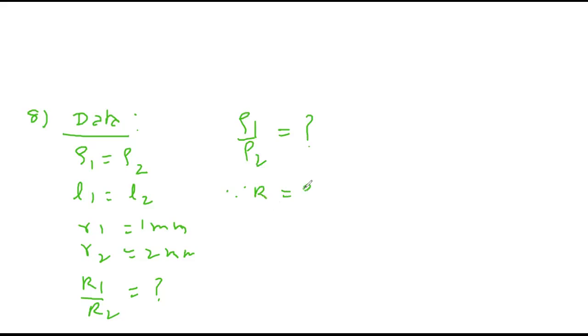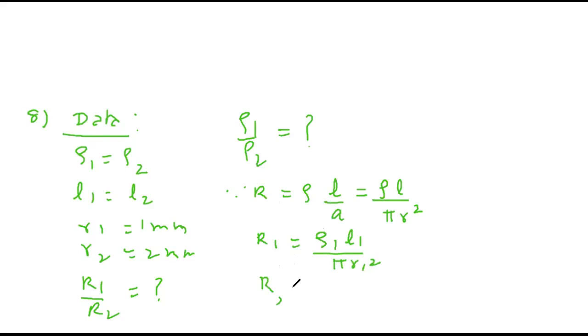R is rho length upon A, which is rho length upon pi r square. Area is pi r square. So R1 will be rho 1 L1 upon pi R1 square. R2 is rho 2 L2 upon pi R2 square.